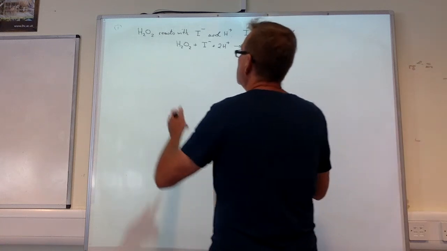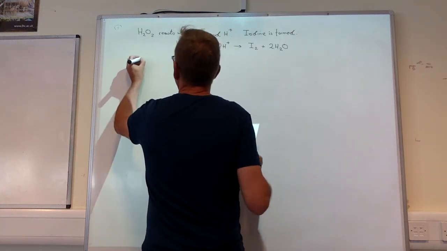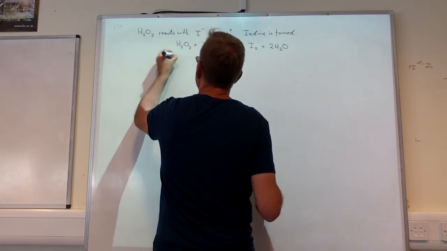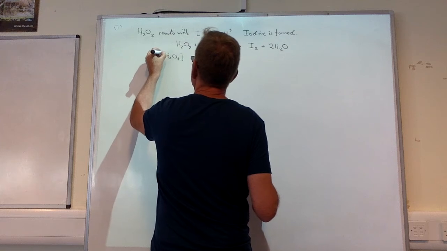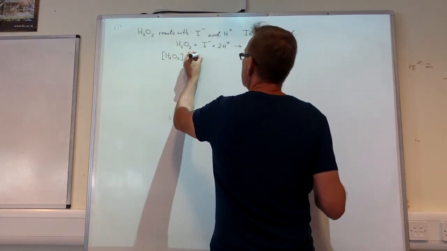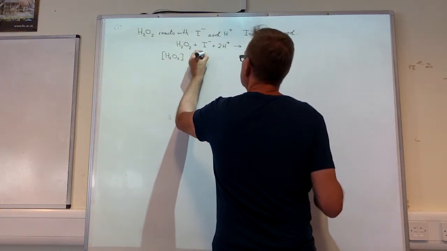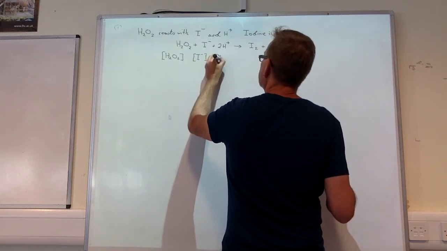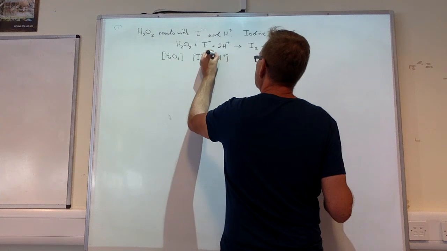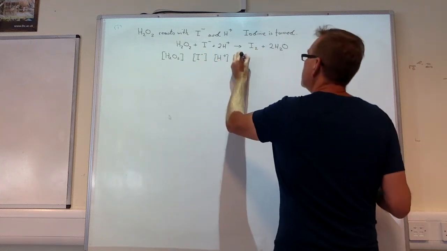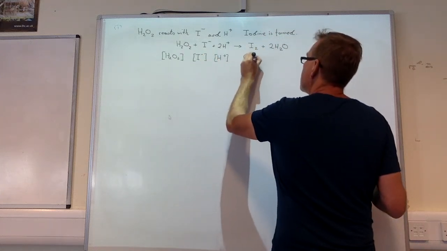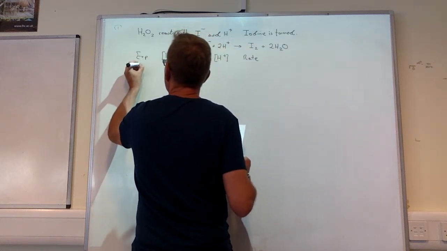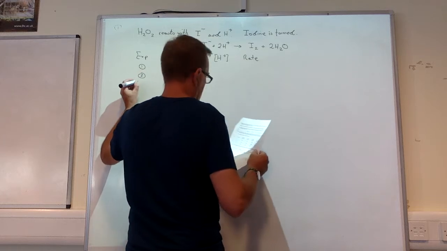Right, so, experiment. Hydrogen peroxide concentration. Iodine concentration. Acid concentration. Rate. Experiment number 1, 2, 3.